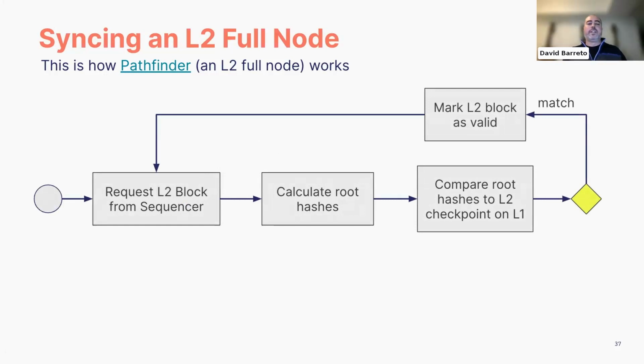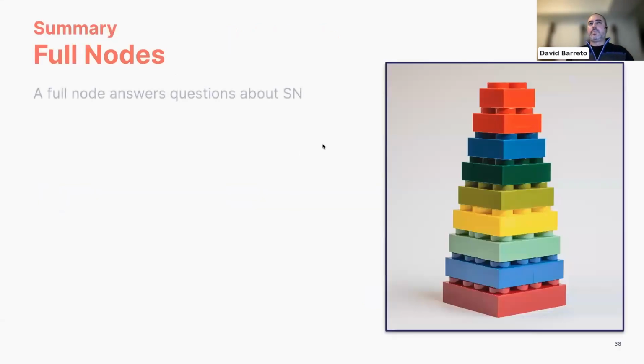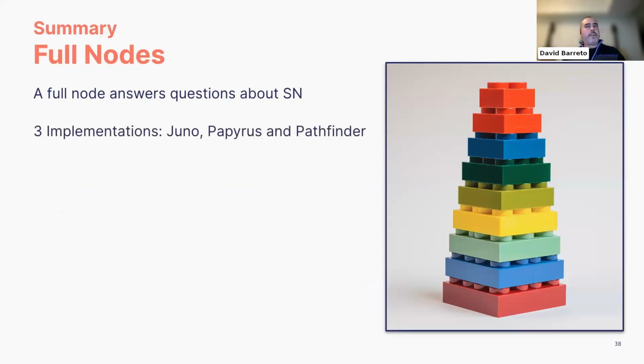And then you move on to the next block and you ask the sequencer for the next one, and you keep synchronizing your node. Otherwise, you say, okay, this block is invalid, they don't match. So that's one way to get some certainty when you are synchronizing a full node. I don't know if all the full nodes do this, but I know for sure Pathfinder does it. So in summary, full nodes answer questions about Starknet. We have 3 implementations: Juno, Papyrus, and Pathfinder.